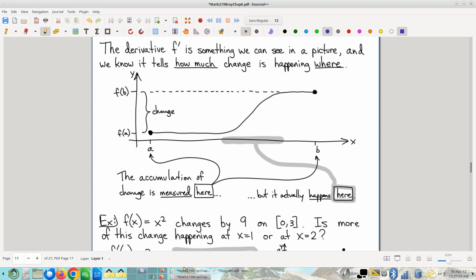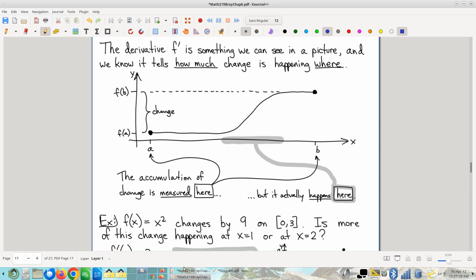Where is it really? So change, you're right, we compute by looking at the boundary, by looking at the endpoints, f of b minus f of a. That's how you compute how much something's changed. But it happened in the interior. Couldn't be more natural, right? You can see the change happening. It's happening here, right?